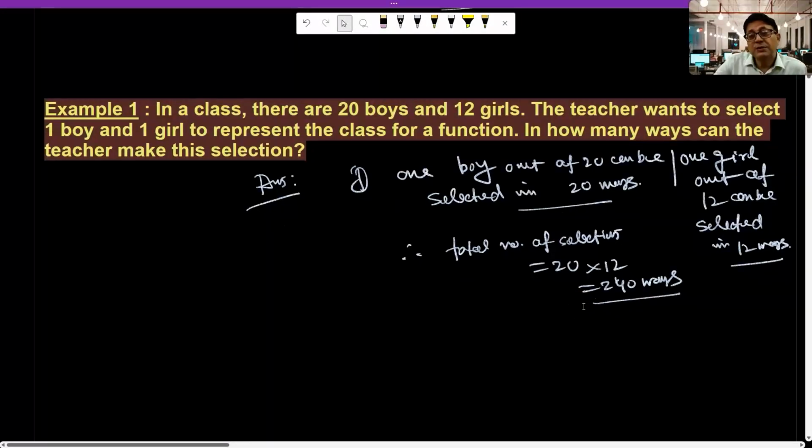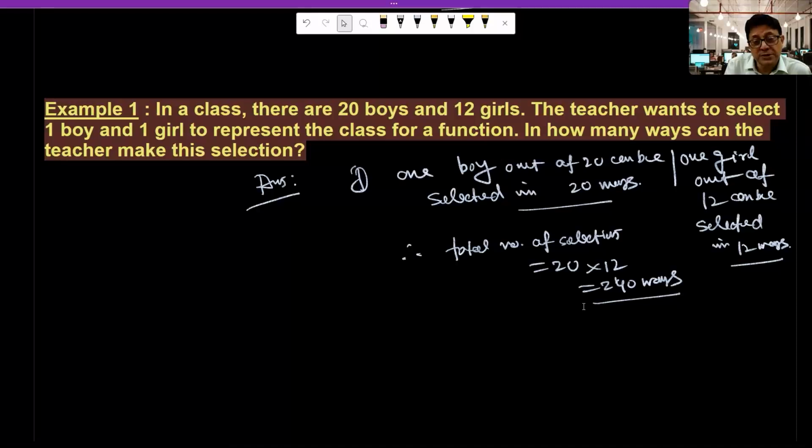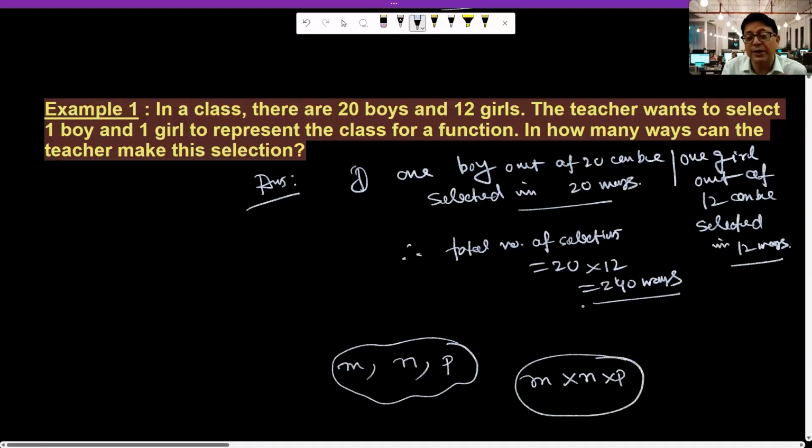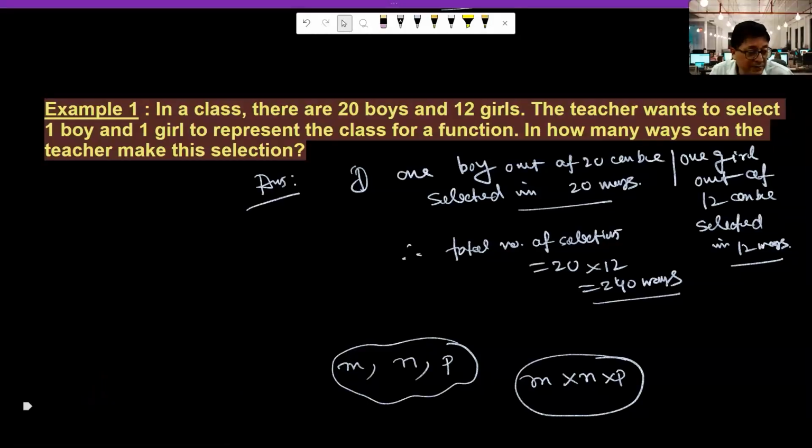Can this be continued for 3 different processes? Yes. One process can be done in M ways, another process in N ways, a third process in P ways. Then all 3 can be done together in M into N into P ways. We can extend this method for any number of cases.